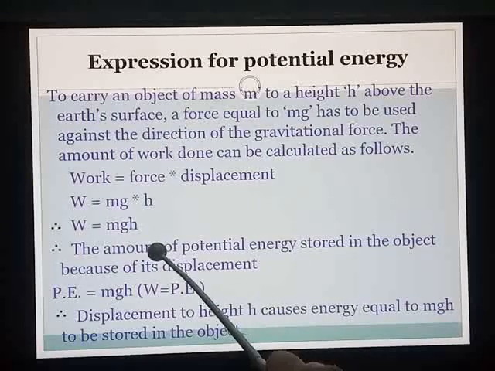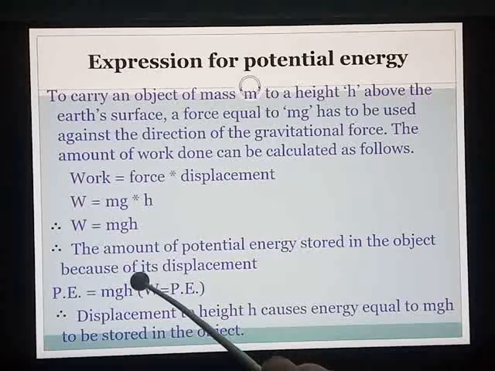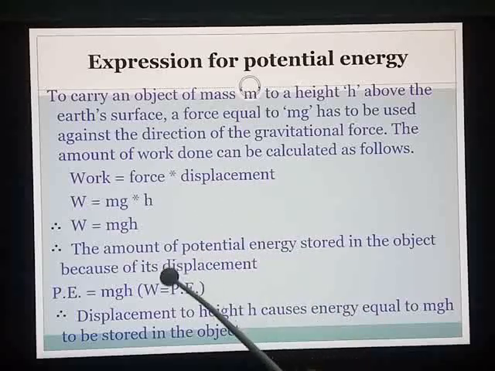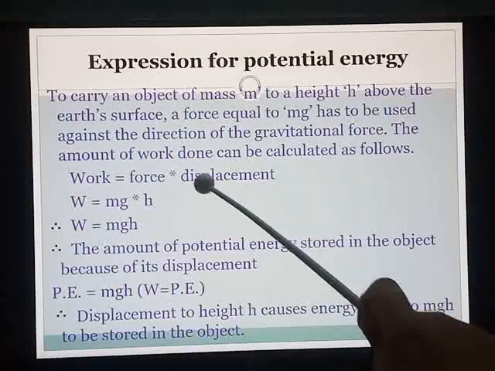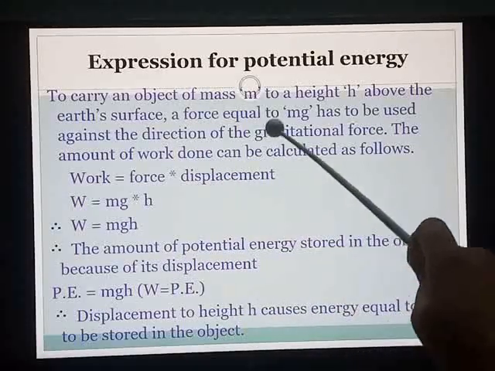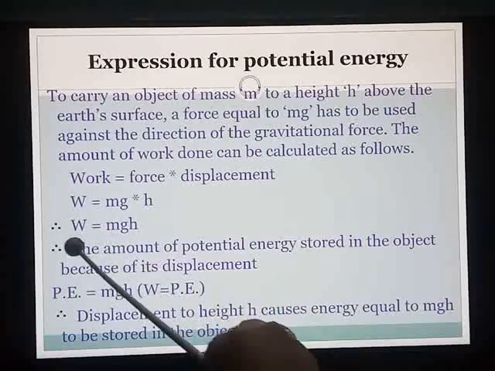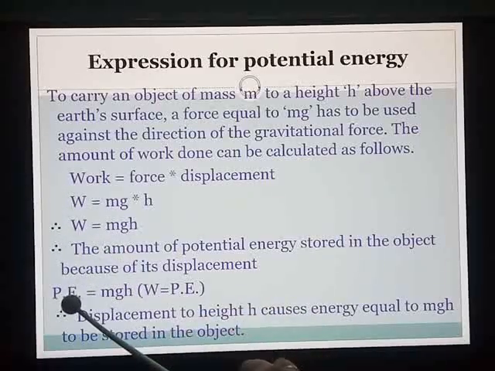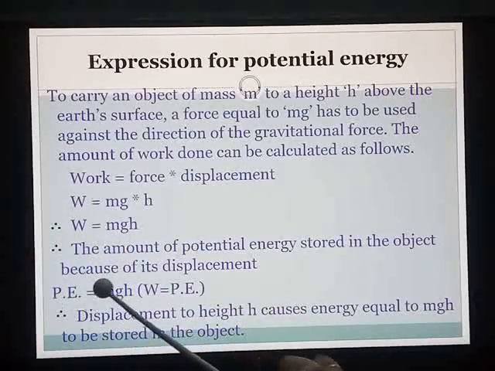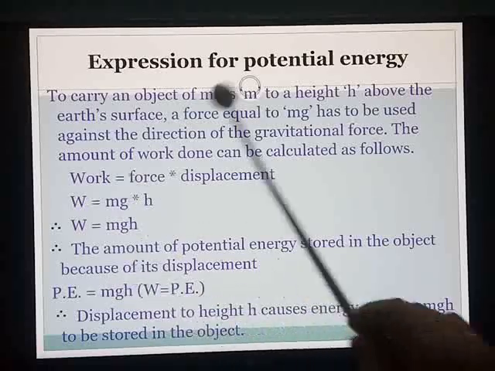Now, the amount of potential energy stored in the object is because of the movement of the object. See, now this object is made to reach a certain height, and due to the height, the amount of potential energy is now stored in the object. So, potential energy is equal to what? Here now W you can write as P, that is potential energy is equal to mgh.